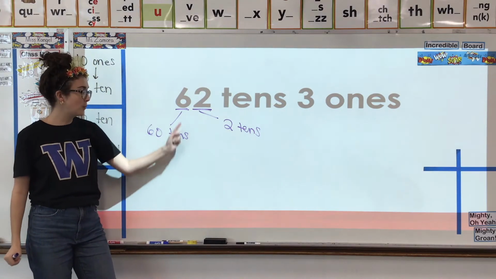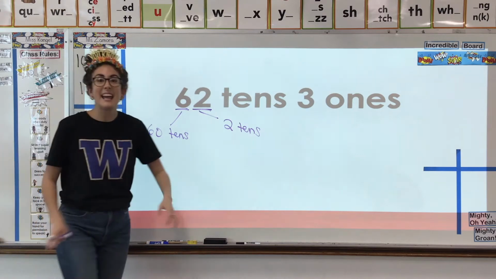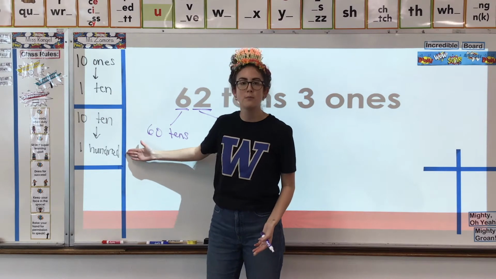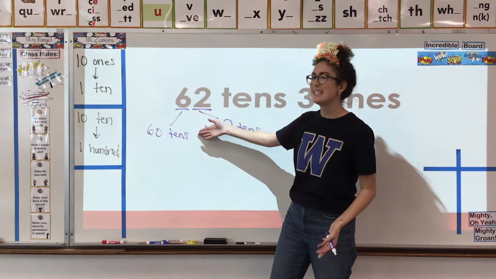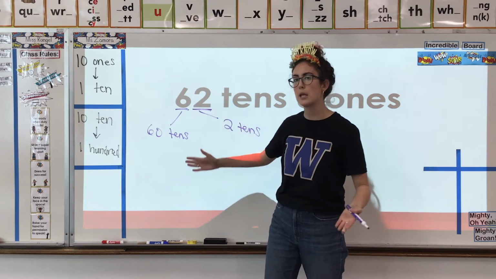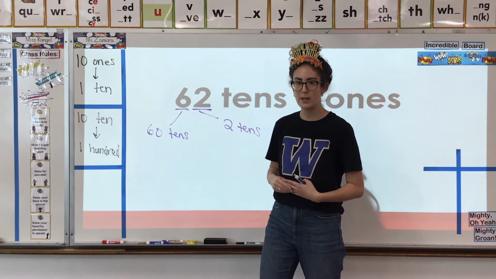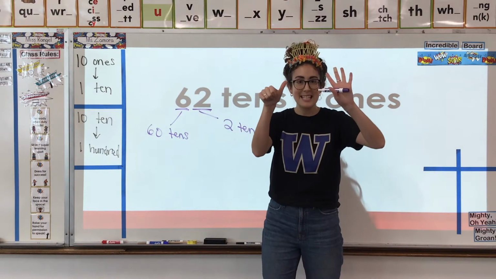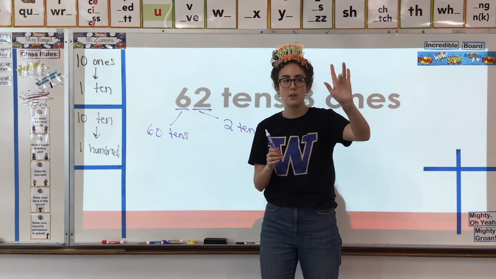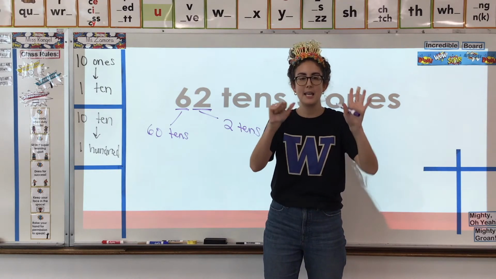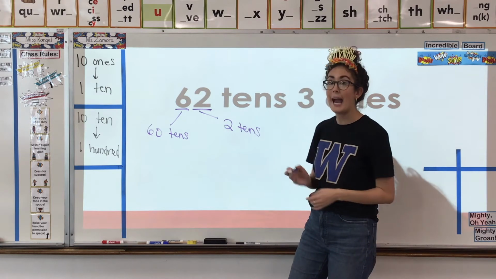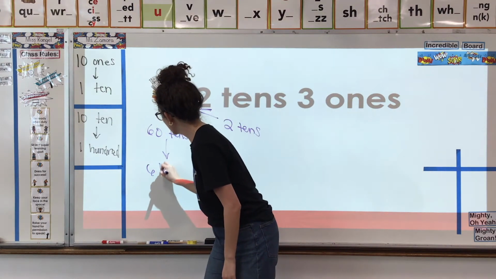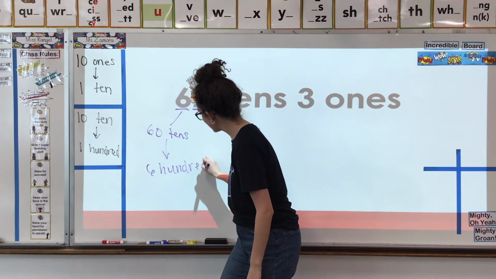We have this big group of 60 tens. If we know second grade, 10 tens equals 100, 60 tens will equal how much of a bigger unit? 10 tens, 100. 60 tens, 10, 20, 30, 40, 50, 60. 60 tens will get how many hundreds? 6 hundreds, exactly.